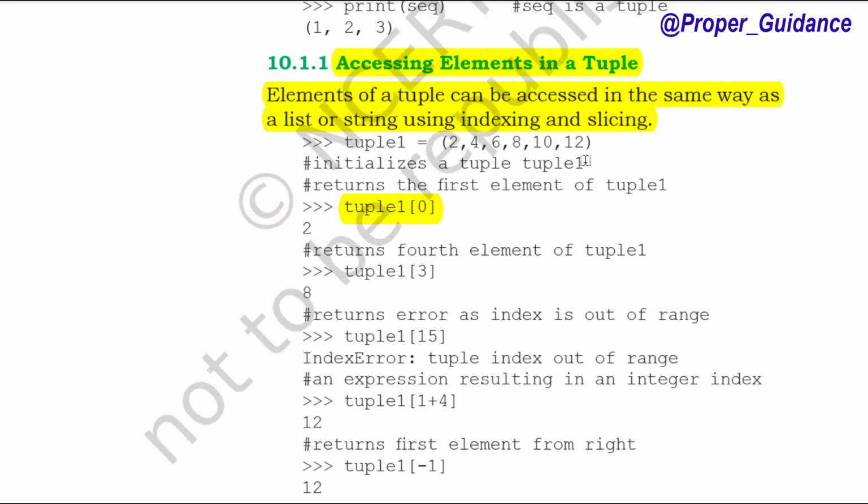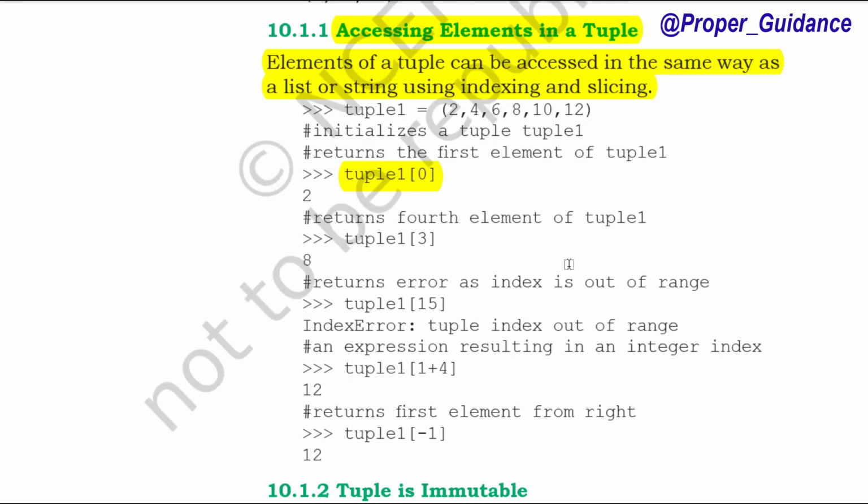So we get indices 0 to 5 to access all the given elements. When I write tuple1[0], it returns 2. tuple1[1] gives 4, index 2 gives 6, index 3 gives 8, index 4 gives 10, and index 5 returns 12.